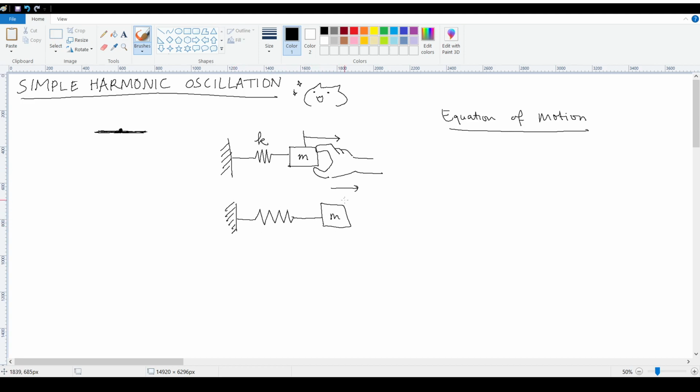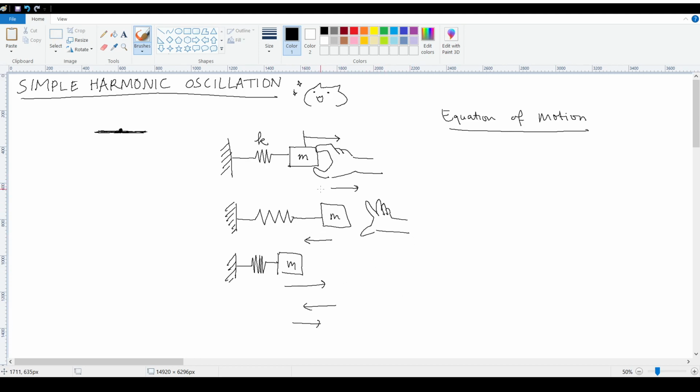And then you release the grip. The mass will move here, and then the spring will compress like this, and then it will move here again, and here. So the system is oscillating.